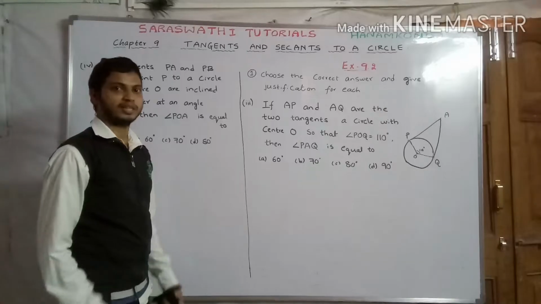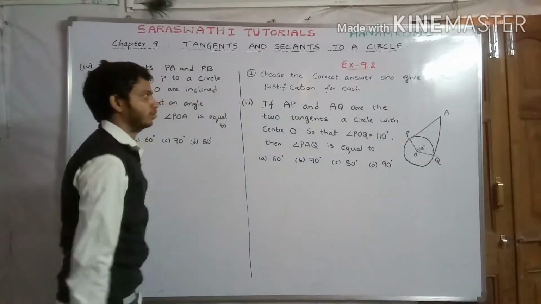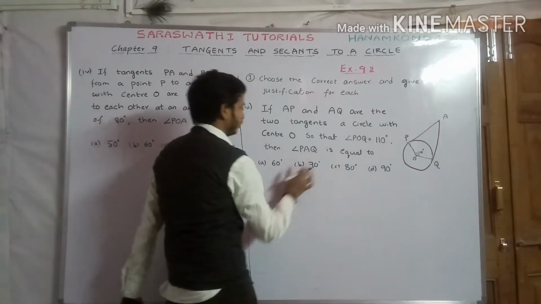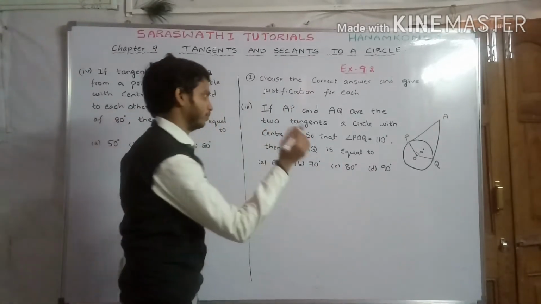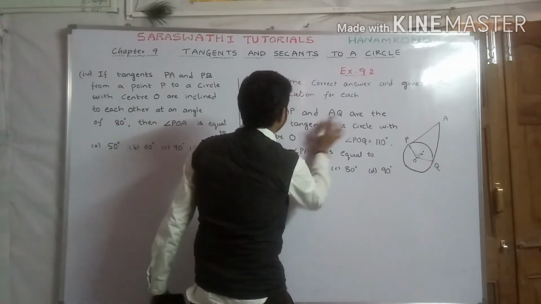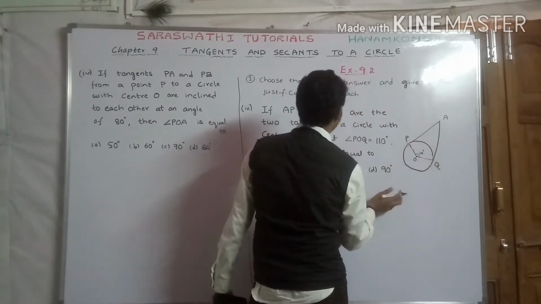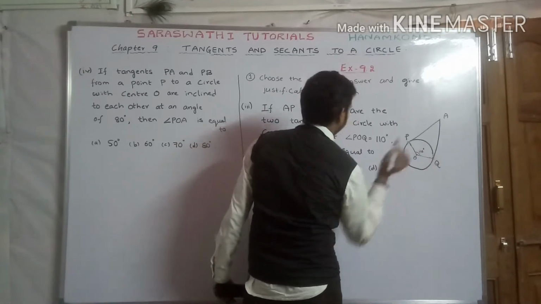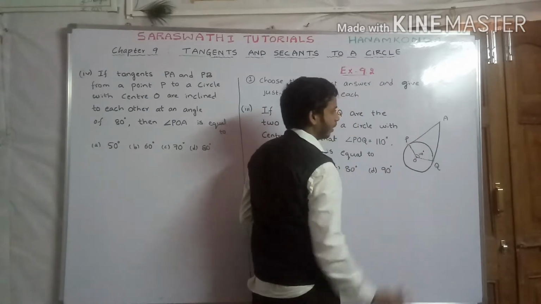This is the answer. The next question is: if AP and AQ are two tangents to a circle with center O, so that angle POQ equals 110 degrees, then angle PAQ is equal to: 60 degrees, 70 degrees, 80 degrees or 90 degrees. This figure is given in the textbook. We know that the radius drawn through the point of contact is perpendicular to the tangent.